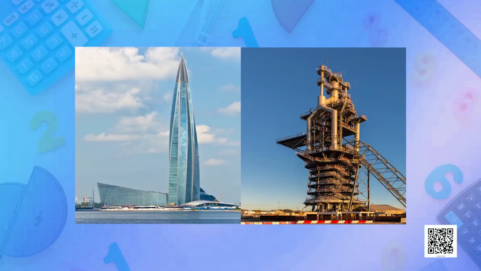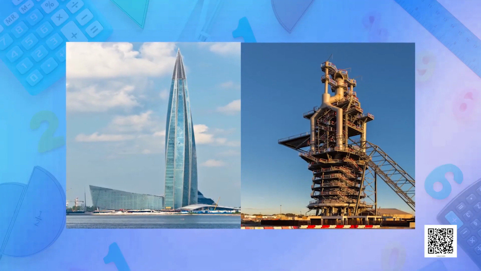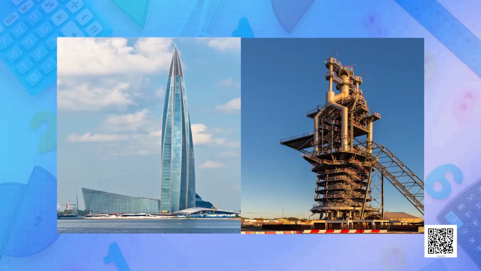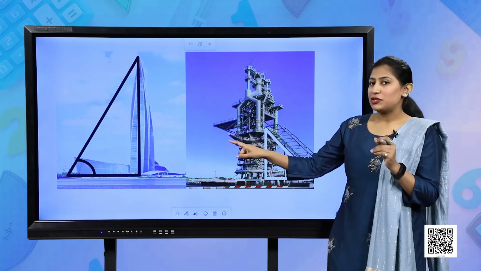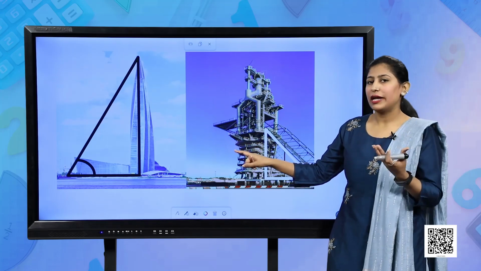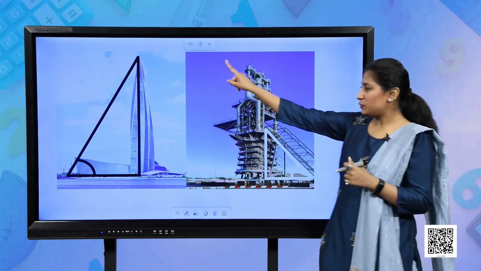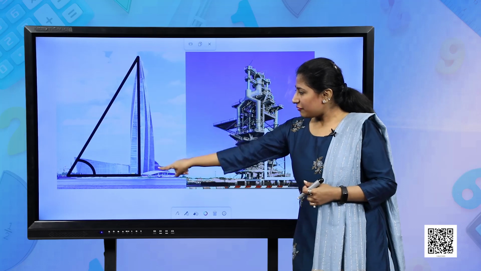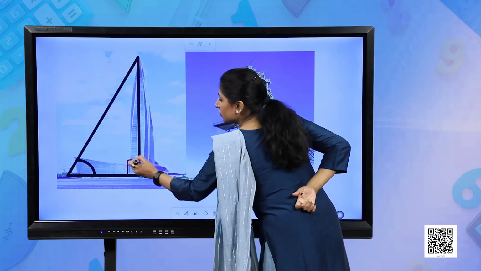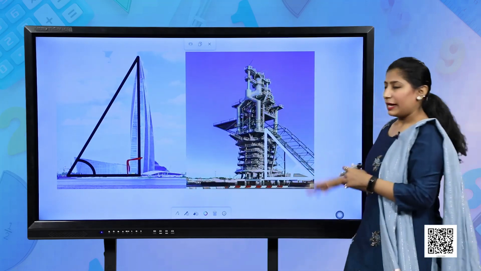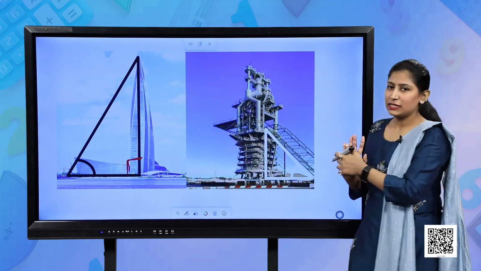I would like you to see some pictures that I have added to show you the relevance of trigonometry and the real world. See, trigonometry is all about triangles. What kind of triangles? Right angle triangle. Can you see here? I have made a right angle triangle here. This is the 90-degree angle. So this is a tower. And you can figure out that, yeah, there is a triangle.